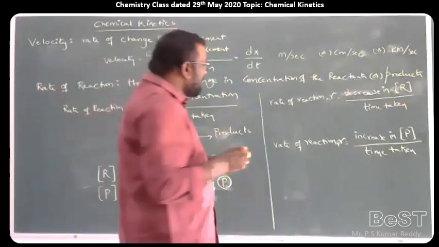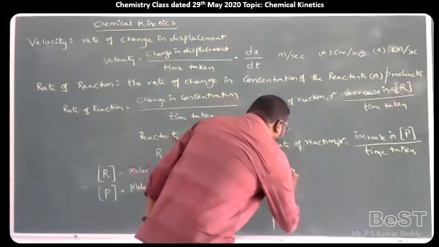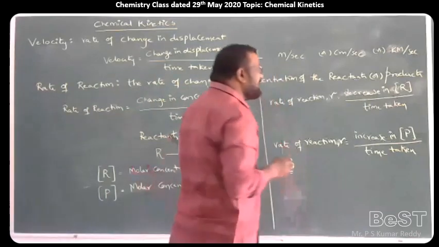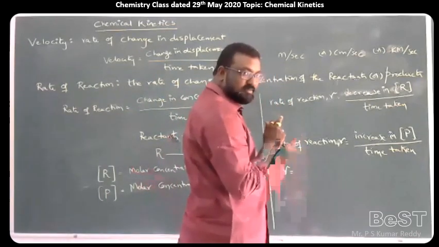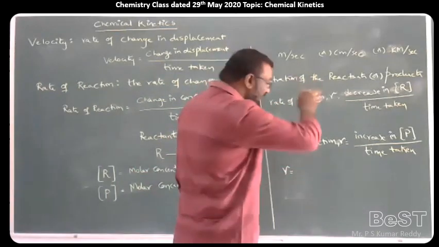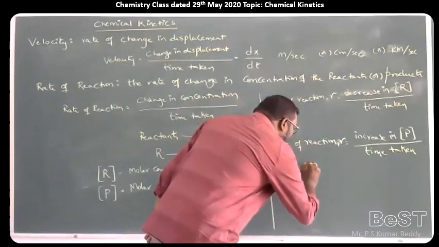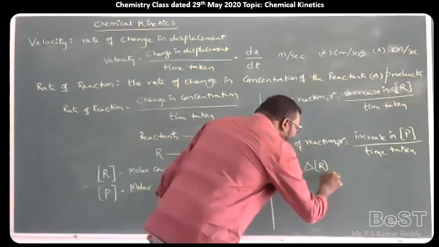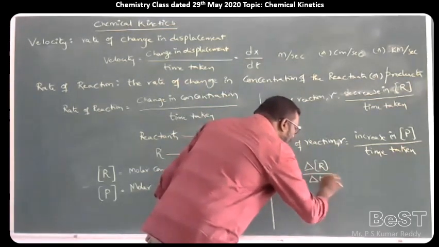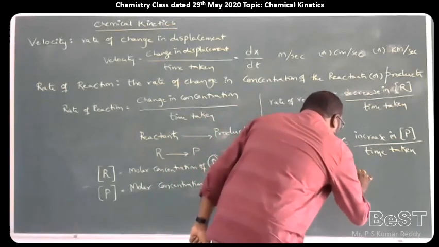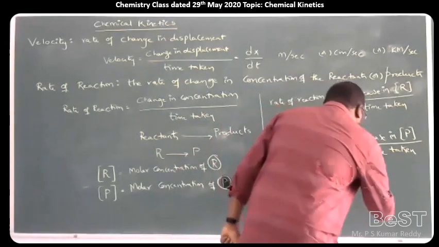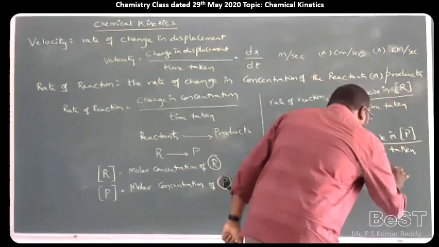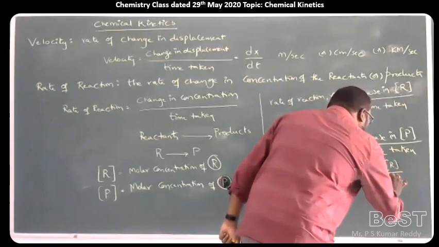That is why, when writing rate of reaction with respect to reactants, we use minus delta R by delta t, or rate is equal to minus dR by dt.